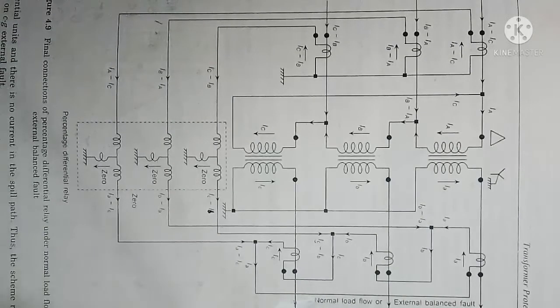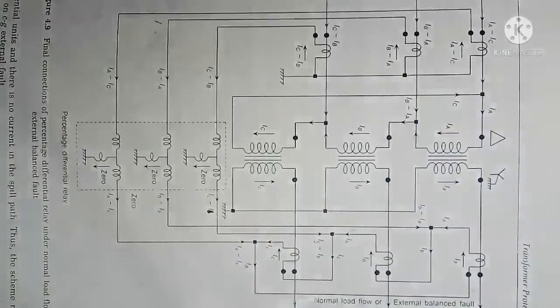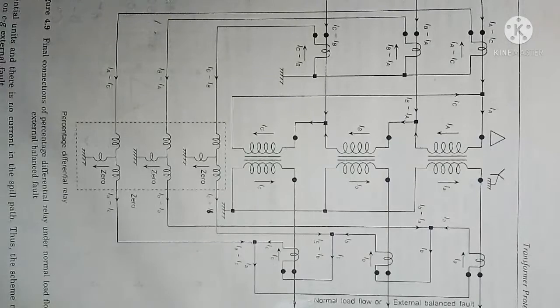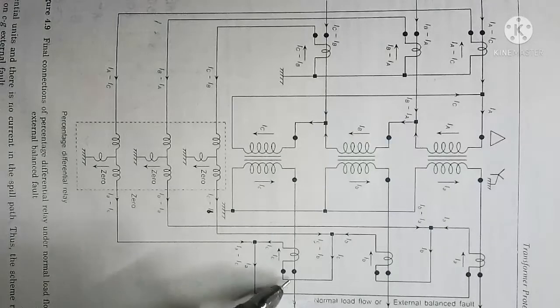Now we will see what happens if an external line to ground fault occurs on the transformer, and for that we will consider a fault between line C and ground, but that fault is an external fault.